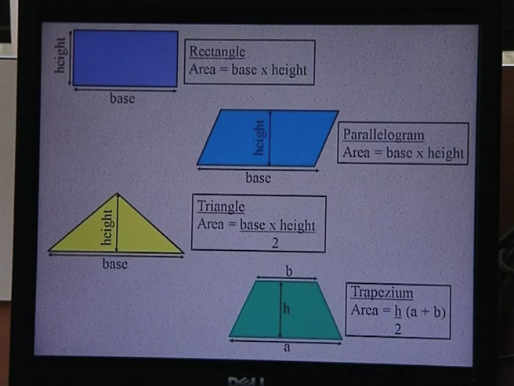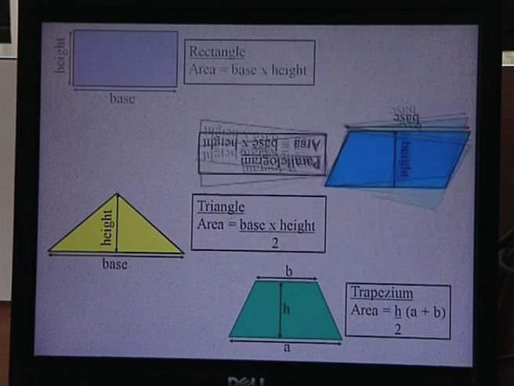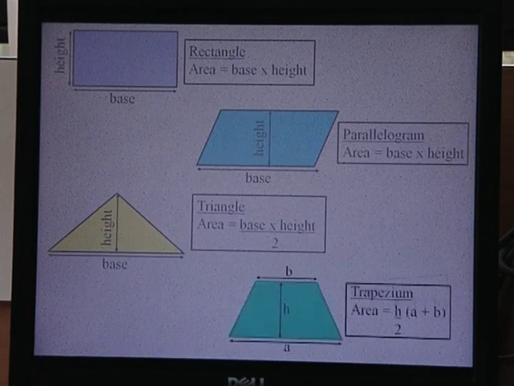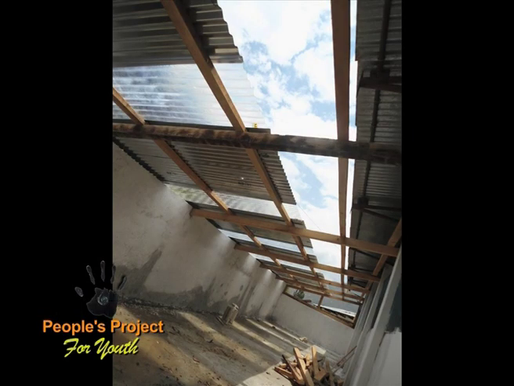We have looked at a number of different shapes, the rectangle, the parallelogram, the trapezium and the triangle, and we now know how to find the area of all of these shapes. And we have related that to calculating the number of CGI sheets that you need to build a roof that is any shape or size.